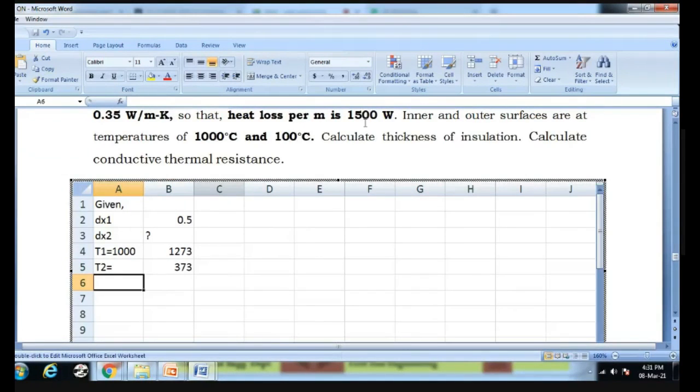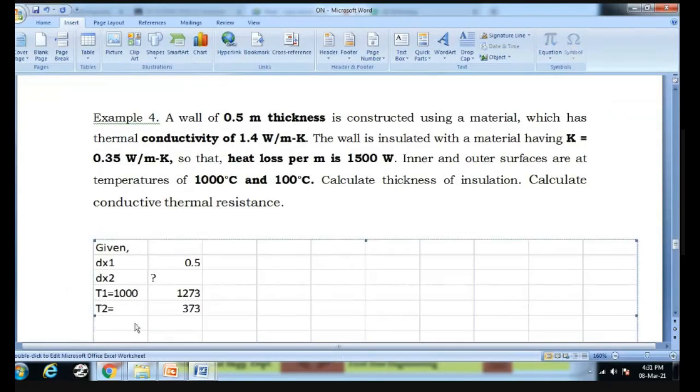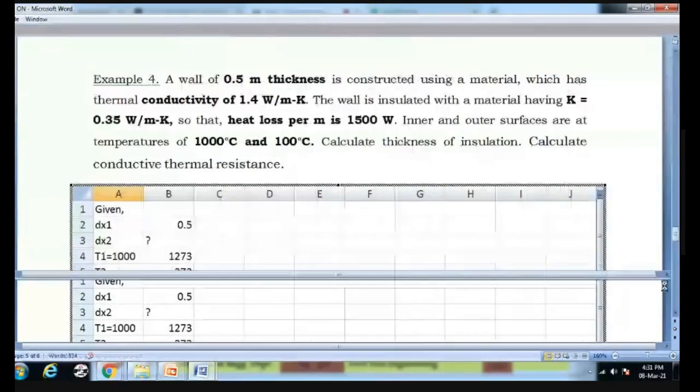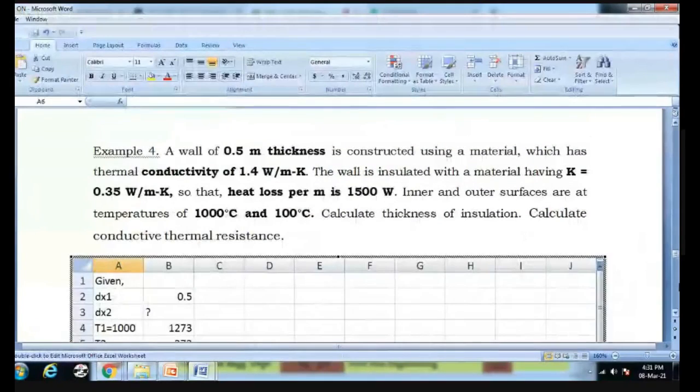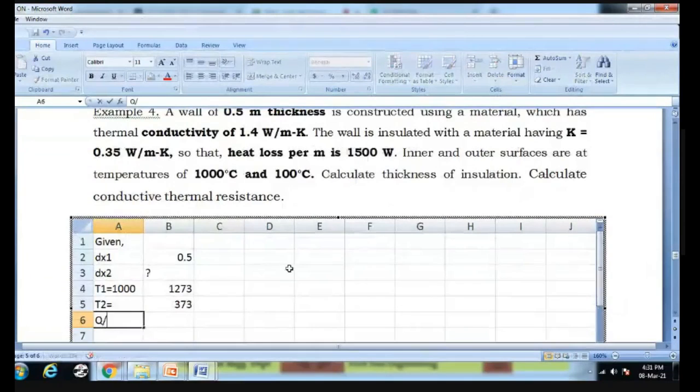Heat loss per meter. What is it? Heat loss Q upon A. Good. It is Q upon A. I'll mention here Q upon A. That is equal to actually 1500 watt, but it is watt.